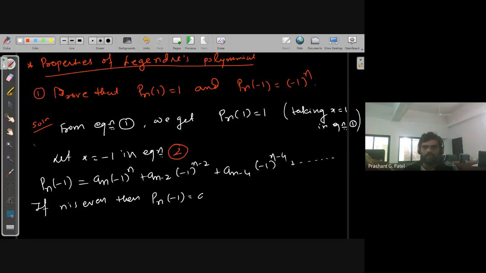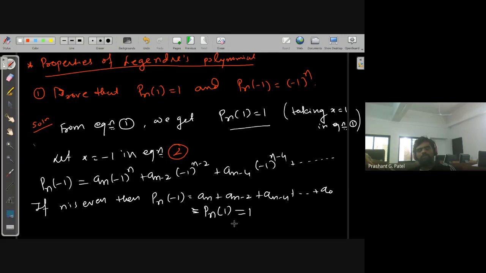So it will have an plus an minus 2 plus an minus 4 up to a0. Now what is this? This is exactly Pn of 1. But Pn of 1, we have already proved that it is 1. So that's why this is 1.